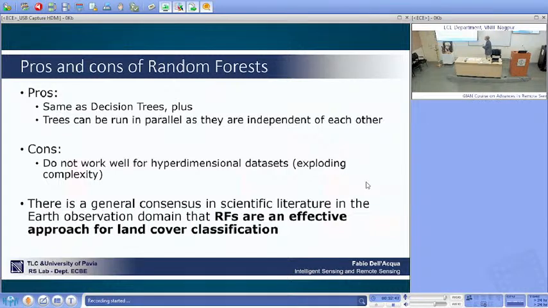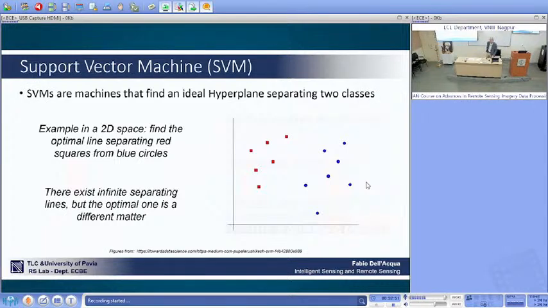Random forests are an effective approach for land-cover classification. Then the other classical machine learning approach is the support vector machine. Just like random forest, it's used across several disciplines. It's also used in remote sensing.